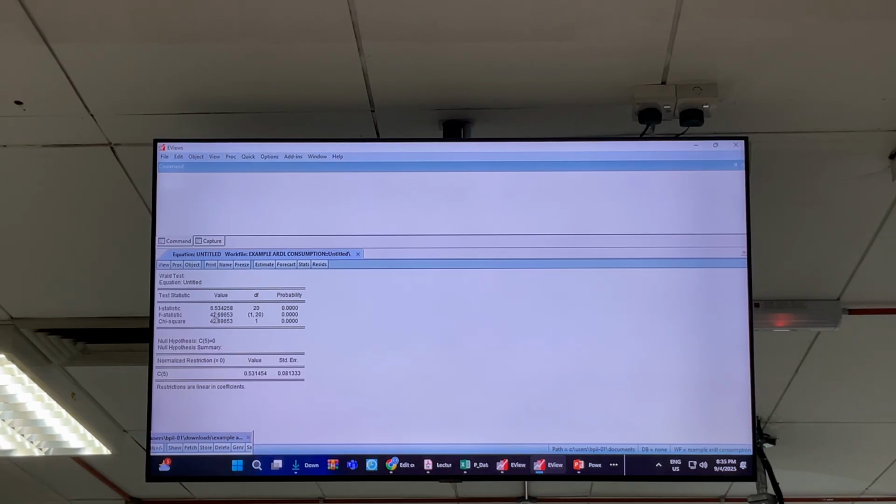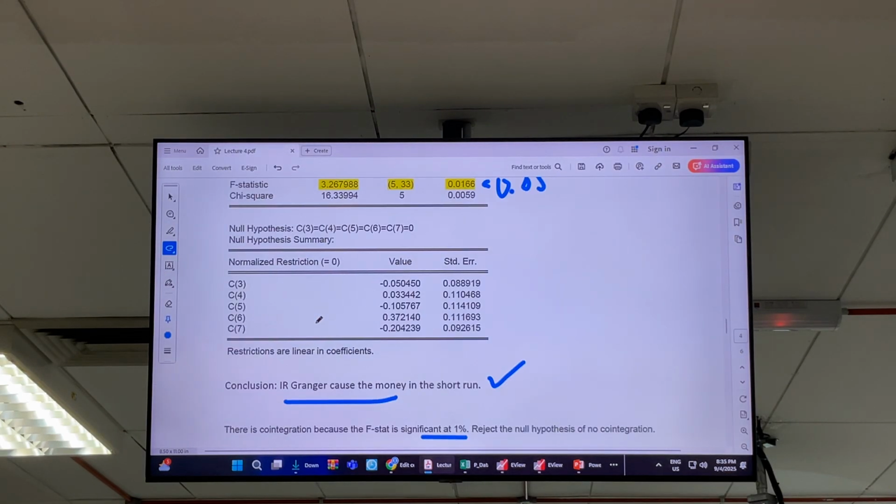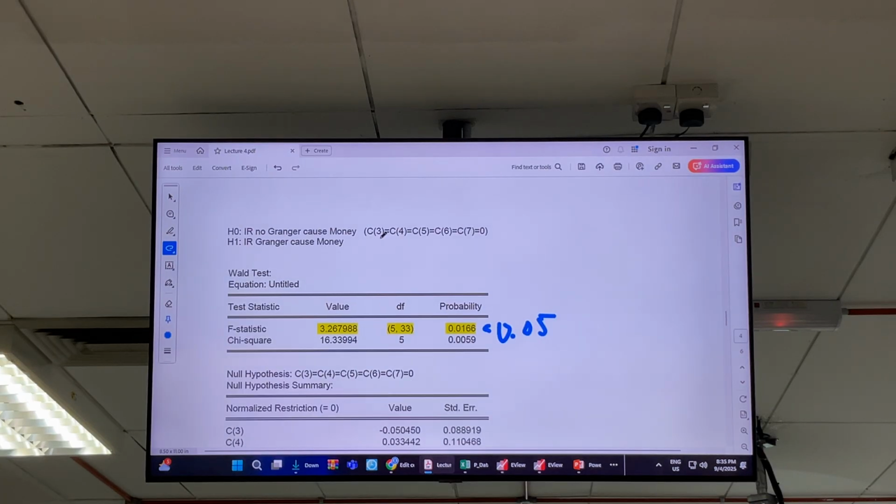It is based on t, F or chi-square distribution. For this case, we just type this command in the Wald test. You can try at home.